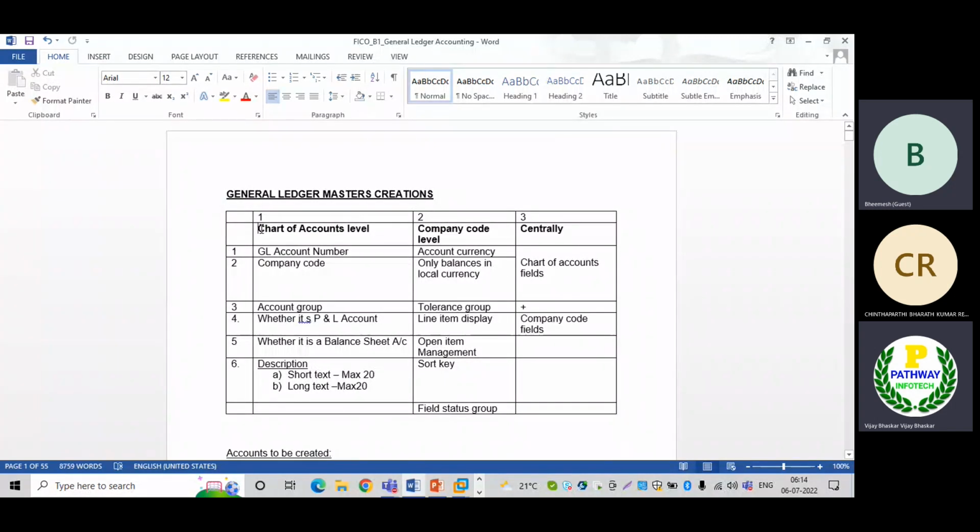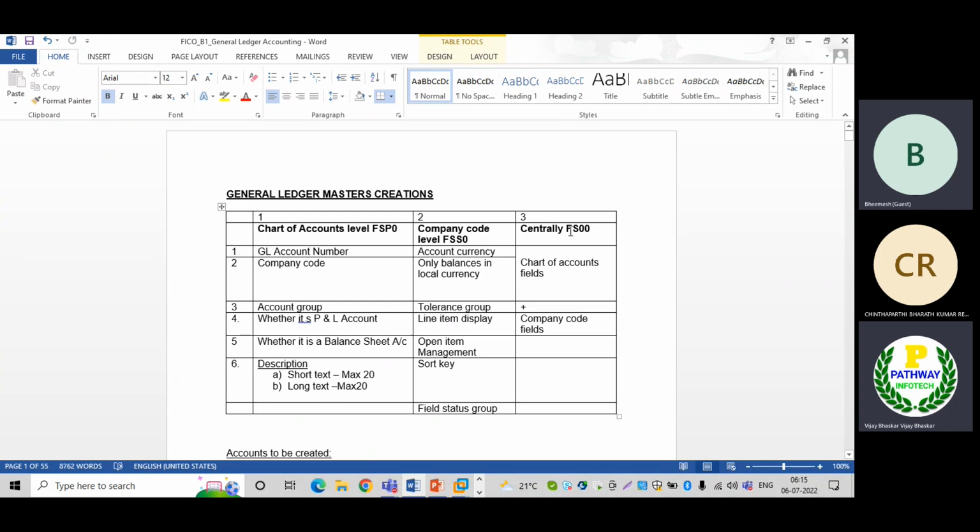One is at the chart of accounts level, which is the central level transaction code, FSP0. Another is the company code level, FSS0. Then there is the central transaction code, FS00, which is the combination of the chart of accounts and company code levels. So these are the three transaction codes.